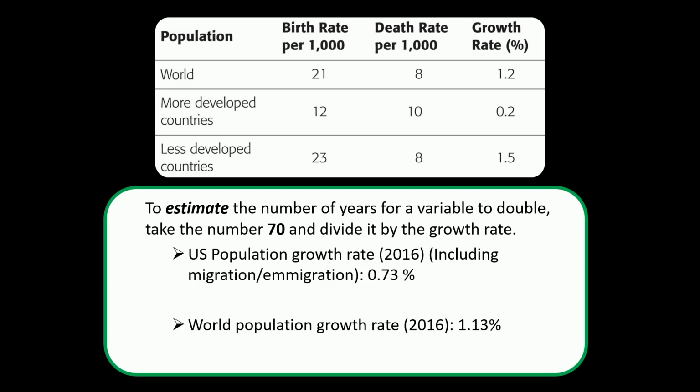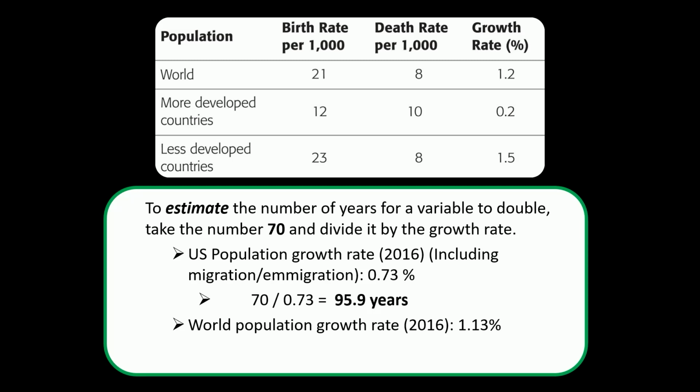The US population growth rate, including migration and emigration, is about 0.73% annually. So if we take the number 70 and we divide it by 0.73, we come to about 95.9 years. It'll take the US population almost a century before it doubles, right? Before we have twice as many people in the United States. We're growing pretty darn slowly.